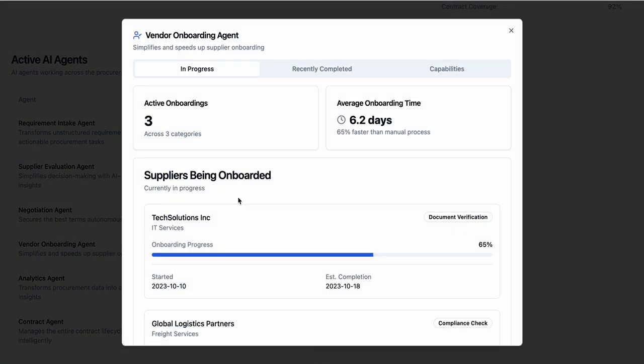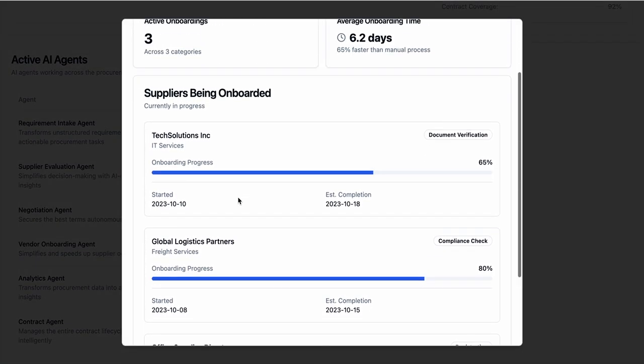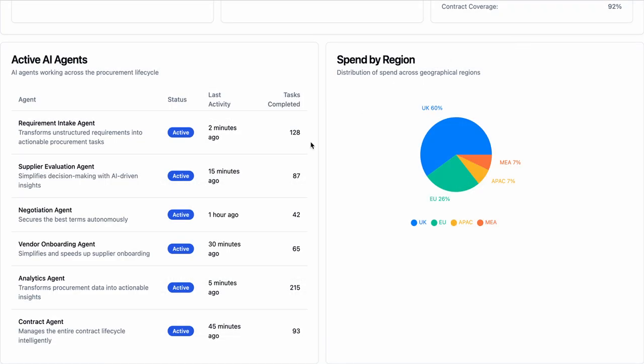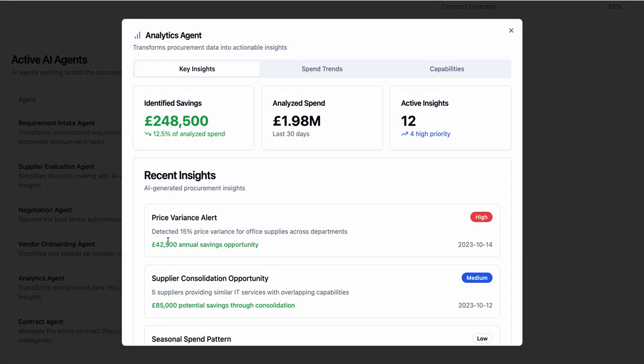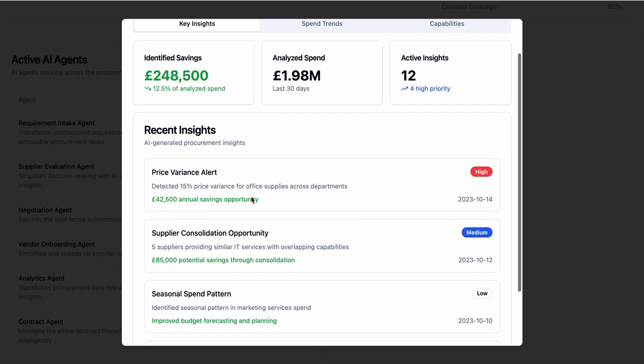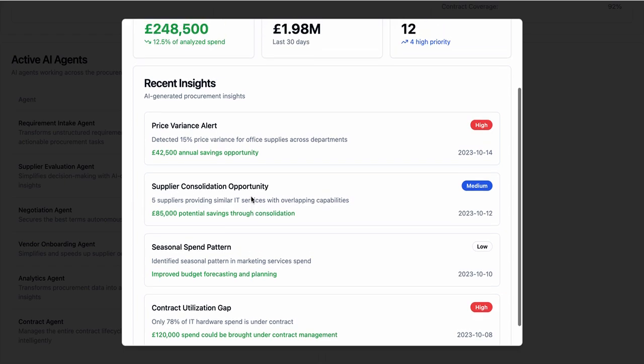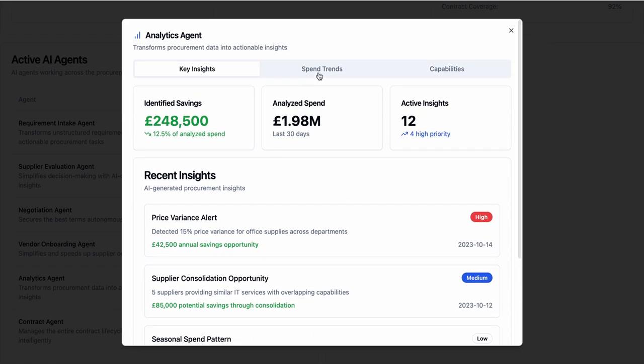A classical case is the vendor onboarding agent, where vendors can be onboarded in record time; we've seen a significant decrease in that. The analytics agent is essentially identifying savings where there's a price variance, a supplier consolidation opportunity, a seasonal trend where you can pre-order, or a contract utilization gap, right?